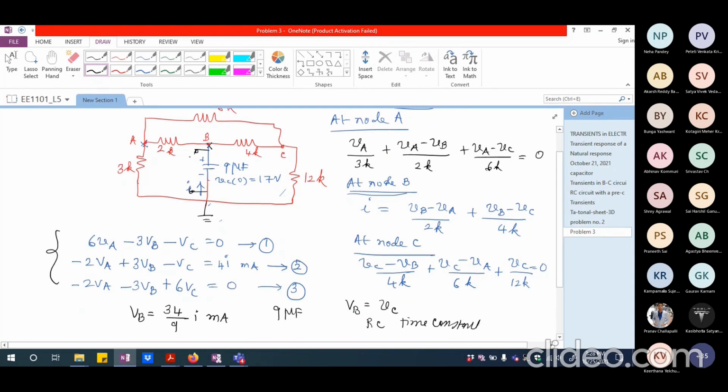How do we arrive at the equivalent resistance seen by this branch, and whether we can draw this as just an R and C circuit with initial VC of 0? If we get the R equivalent, we would be able to arrive at the equivalent time constant, and then we will be able to solve further.